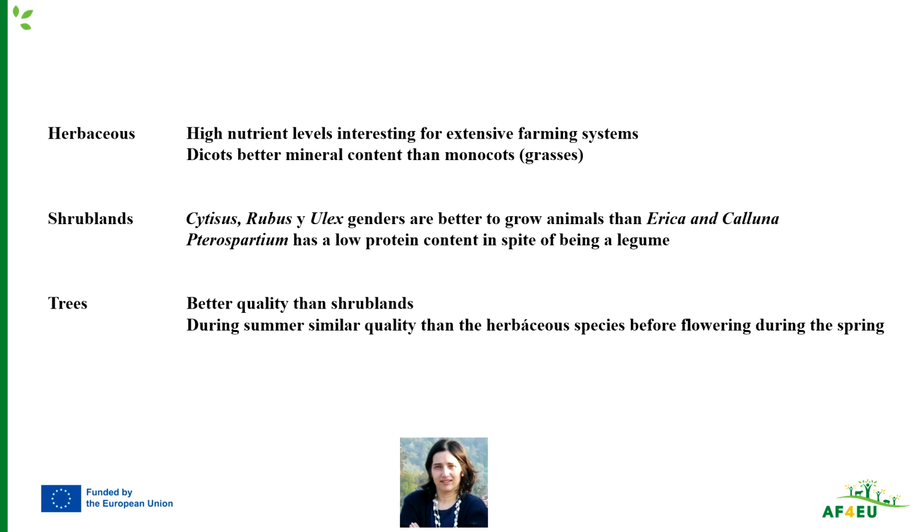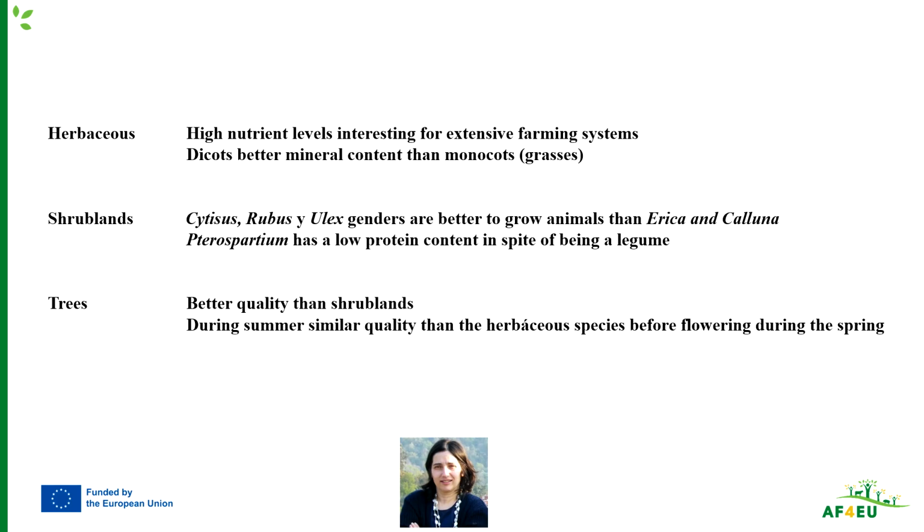We have been studying, making an analysis of the herbaceous plants, shrublands and trees that animals with palatability could consume. The herbaceous have high nutrient levels, interesting for extensive farming systems, but usually there is a difference between the dicots, which have better mineral content, and monocots, meaning the grasses.